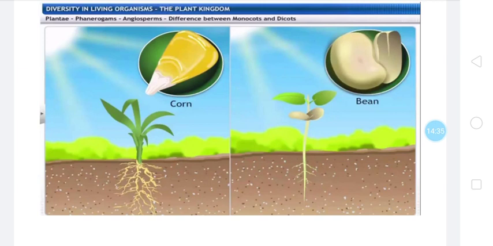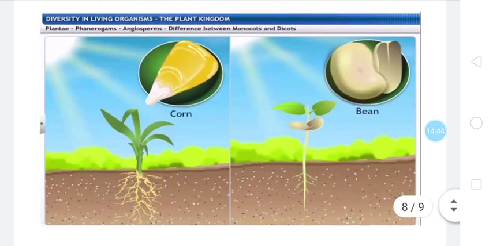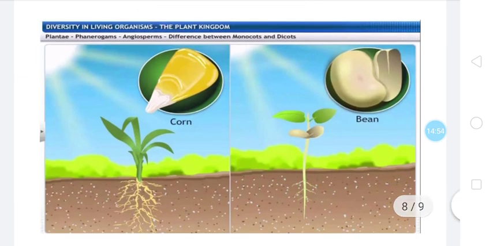Just observe any two plants, one monocot and one dicot, based on their characteristics. I told you how to identify on the basis of cotyledon. For example, we will take bajra, wheat, or jawar. All these plants are monocot, agree with me?